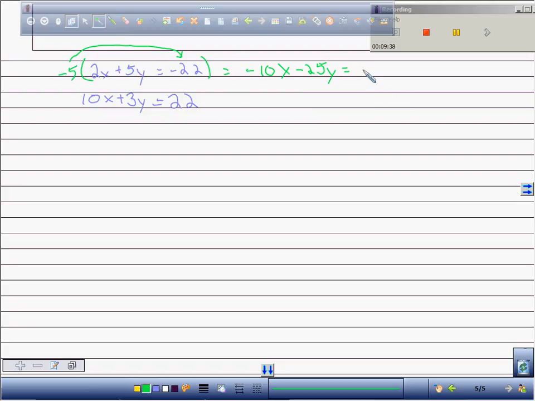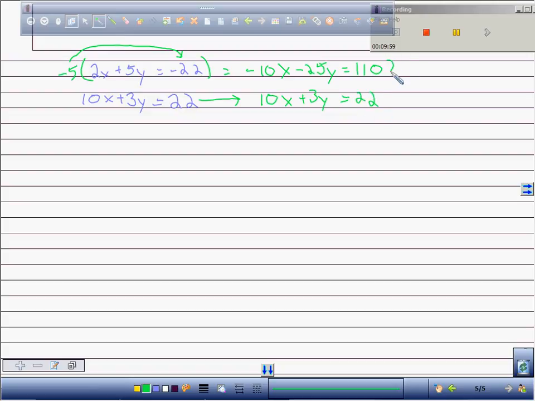So negative 5 times negative 22 makes positive 110. And in the bottom, you bring this one straight across so that you can line things up. 10x plus 3y equals 22.